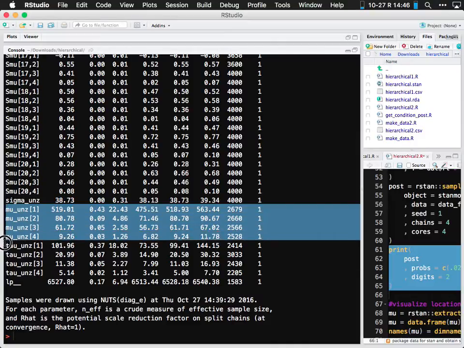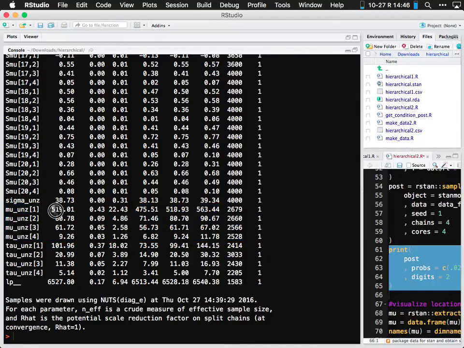Mu unz is, again, all those main effects of our model. The first one is the intercept, around 519. The second one is the pre-post main effect, so there is about an 80 millisecond difference between pre and post overall. The third one is the food main effect, so there's about a 60 millisecond difference between the two food conditions.